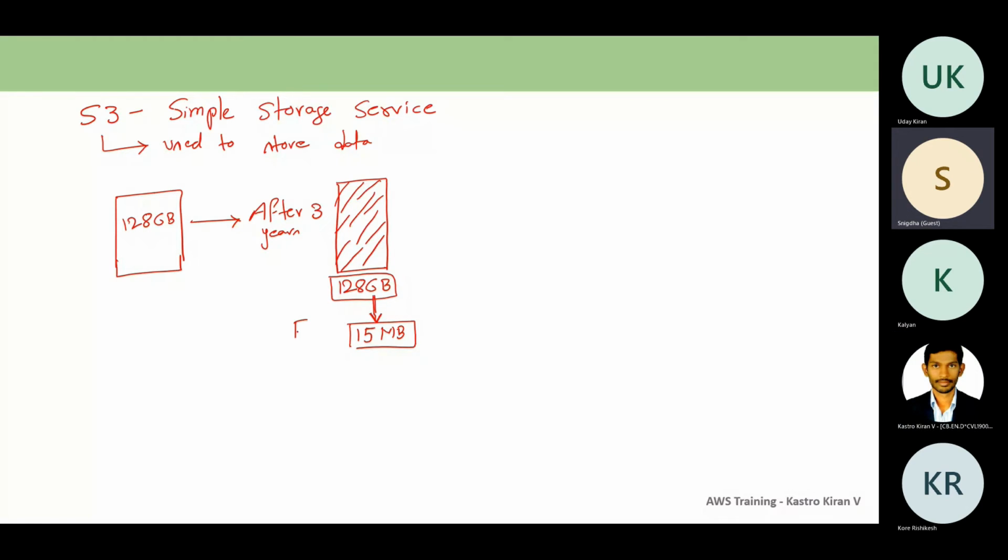Can you download this file? Is it possible to save it in your mobile phone, which is completely utilized? No, it is not possible, because you don't have any additional space to store this 15 MB file.